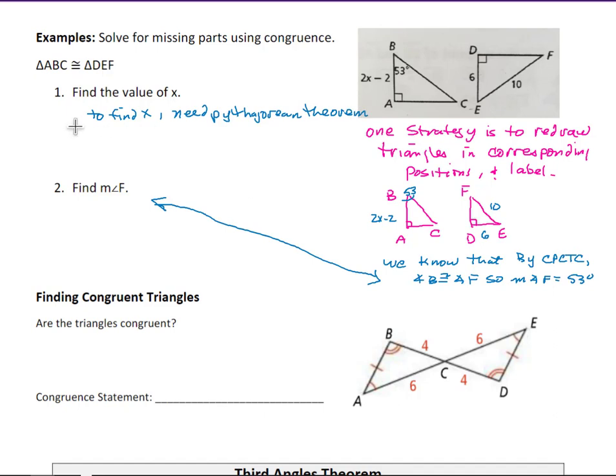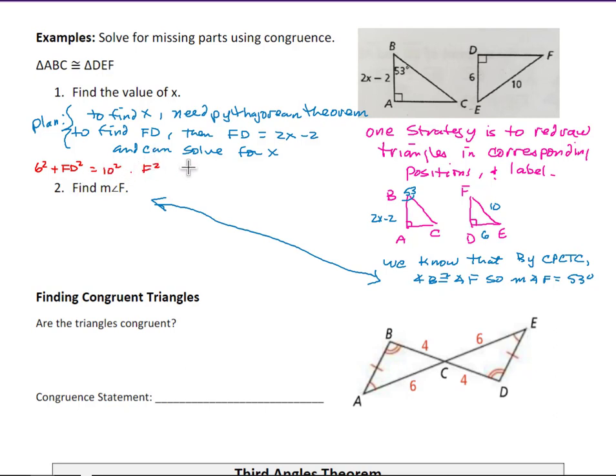So to find the measure of angle F, we use the Pythagorean theorem. We find out that side FD must be 8, and since that matches side BA, we could say 2x minus 2 must be equal to 8, which gives us 2x is equal to 10, and x must be 5.